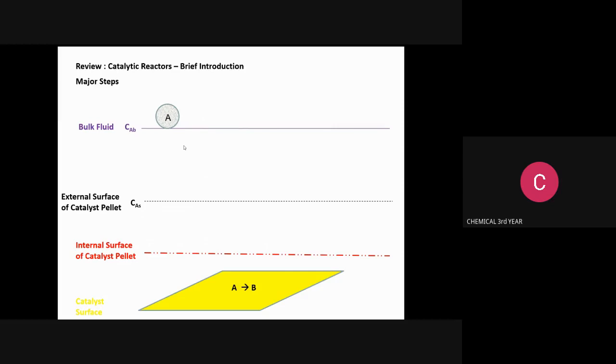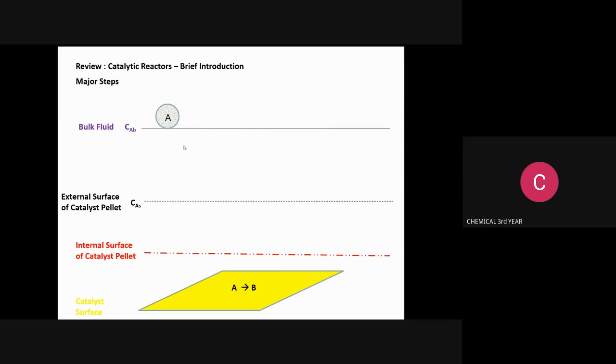After that only we can understand the reactor types. Basically, okay, there are four types. One is bulk fluid, the second is the external surface of the catalytic pellet, the third is the internal surface of the catalytic pellet, and the fourth is how the catalytic surface reacts according to the reactant.